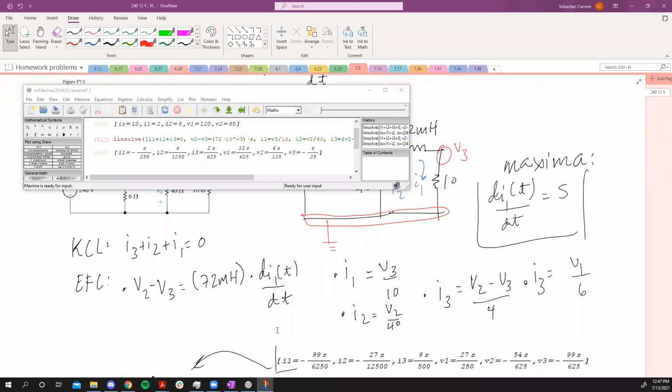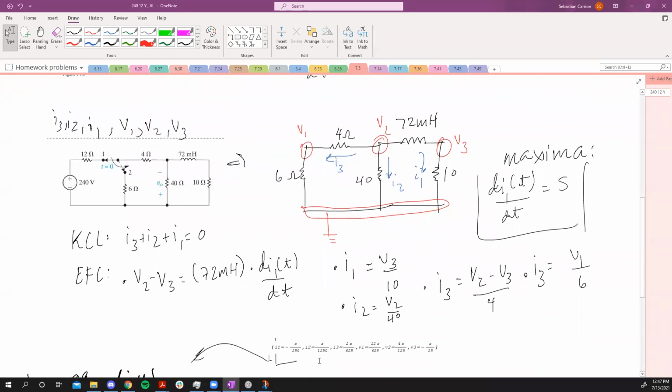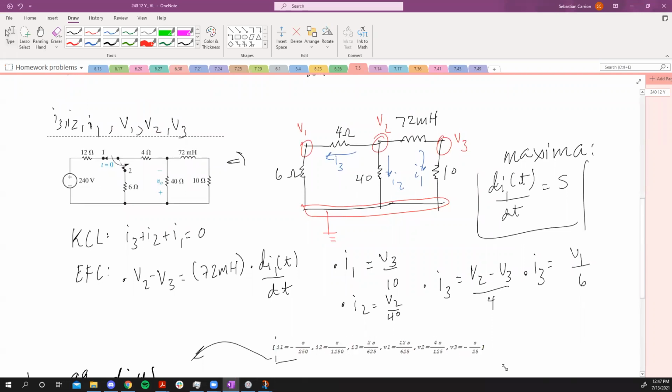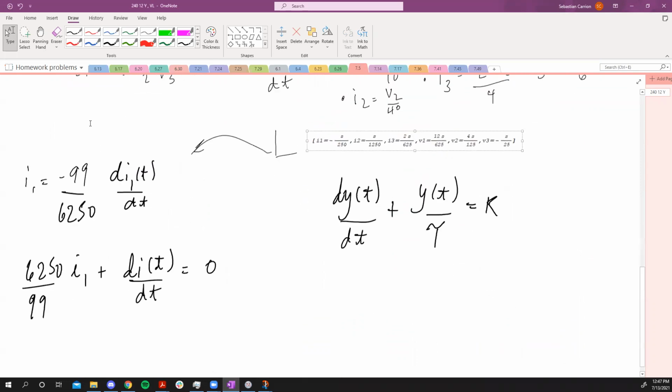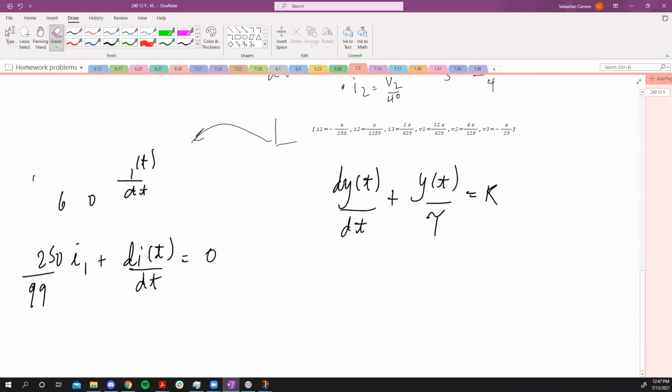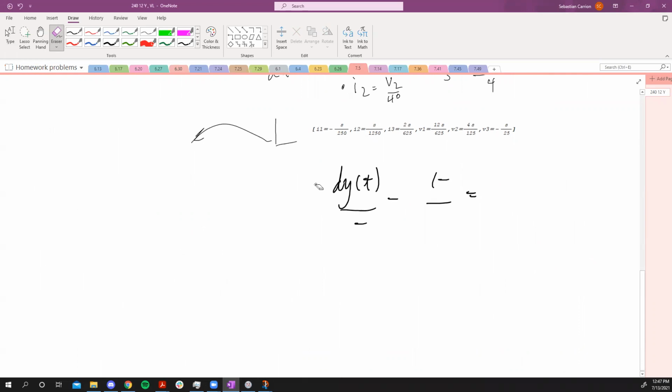So yeah, it's gonna be S. Okay, so that way we can redo all this. Okay, and so then we know that our S is going to be di1t over dt.